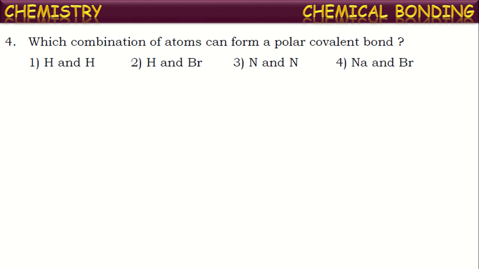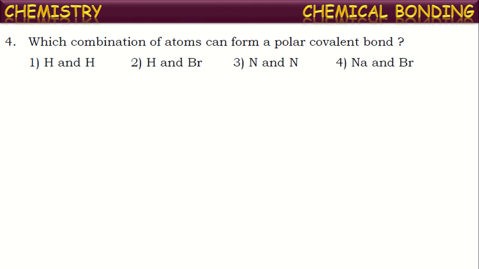So if atoms of different elements, or atoms with different electronegativities, participate in covalent bond formation, then the atom with more electronegativity pulls the pair of electrons towards it and hence results in the formation of a polar covalent bond. Observe the given molecules: the molecule in which two atoms with a difference in electronegativity are present will have a polar covalent bond.